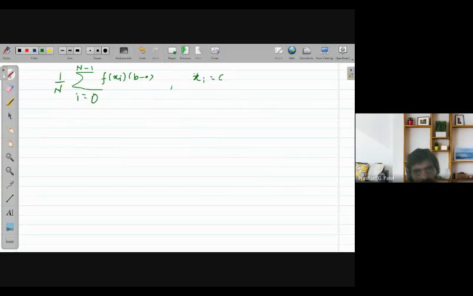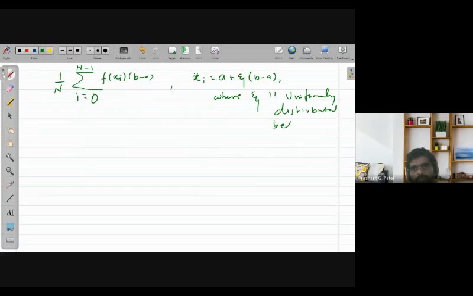So I can say that it is a plus xi times b minus a, where xi is a uniformly distributed random number between 0 and 1.